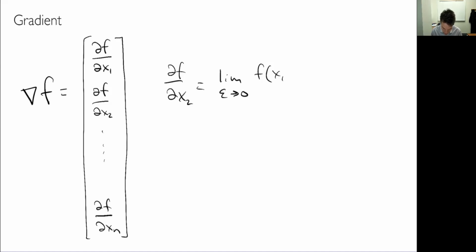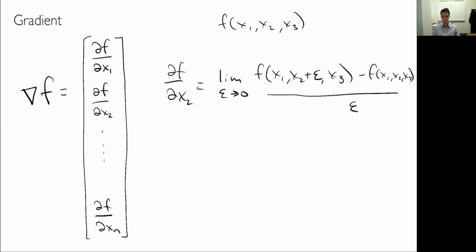Let's say there's 3 variables. Let's say I have f and it has 3 variables, x1, x2, x3. We would take the x2 one and add epsilon to it. For example, this is just a definition using the calculus theorem, and then we would divide by epsilon. Okay, and the limit as that goes to 0. So we're taking a small step in that coordinate direction, dividing by that step size, and that is the definition of derivative as that goes to 0.